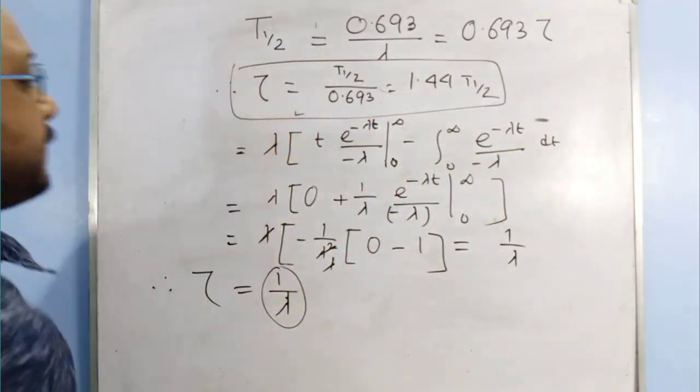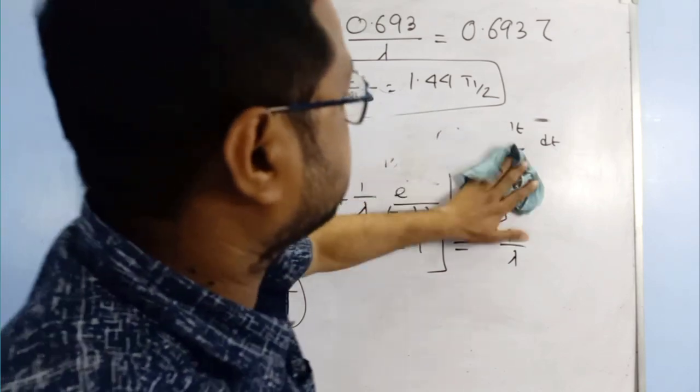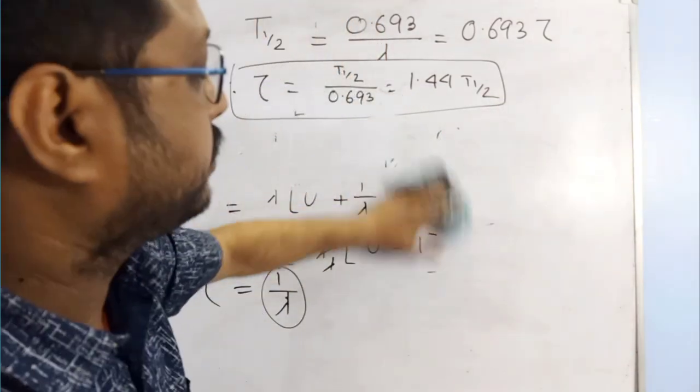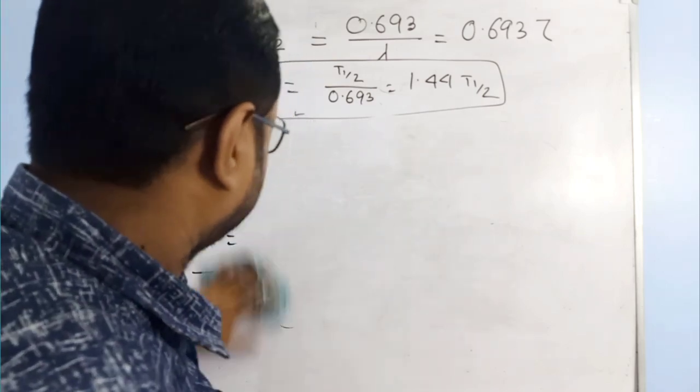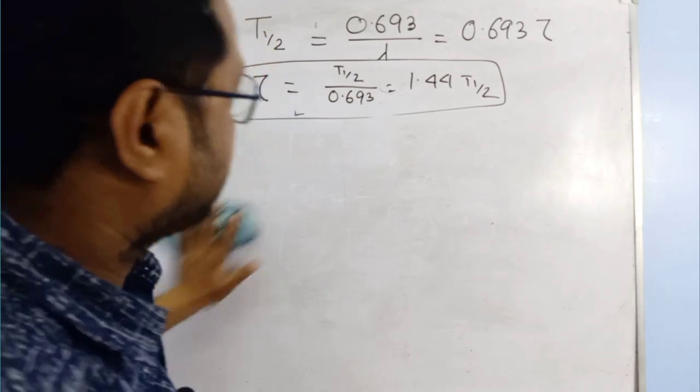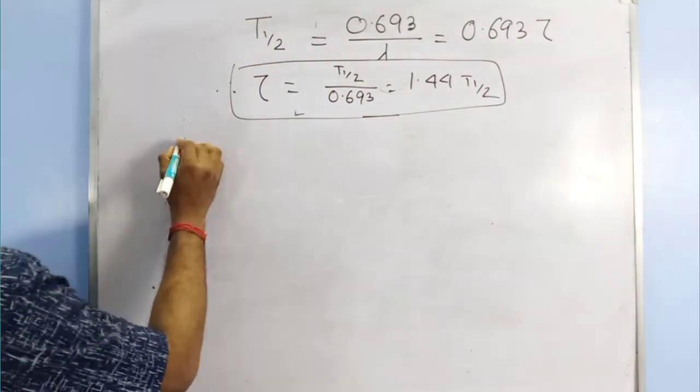This is the relation of the three variables in nuclear physics, which is very important to derive any mathematical formula. I hope you understand the whole process. Now we shall go with the activity.